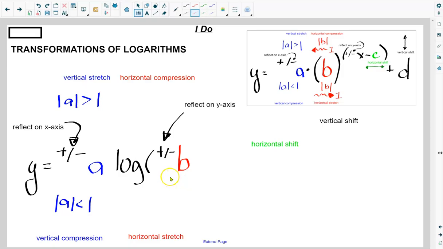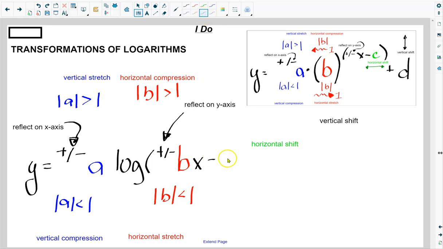And b is going to go back to the way it used to be, where if b is less than 1, you get a horizontal stretch. And if you've got a b bigger than 1, you get a horizontal compression. Kind of the opposite, the way we've always worked with b, right? Counterintuitive. Then you're going to have your x. Next, you're going to have your minus.